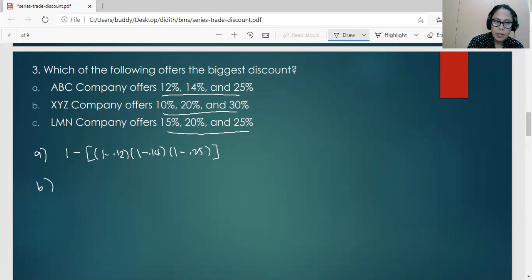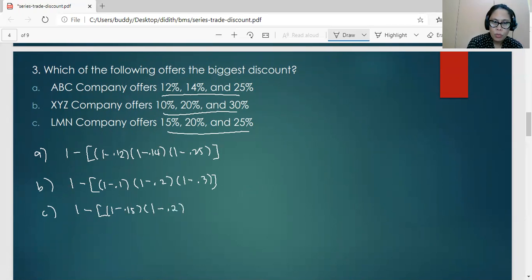For B, it's 1 minus the product of the complements of the 3. So it's 1 minus 0.1, 1 minus 0.2, 1 minus 0.3, there. And then we have 1 minus 1 minus 0.15, 1 minus 0.2, 1 minus 0.25.